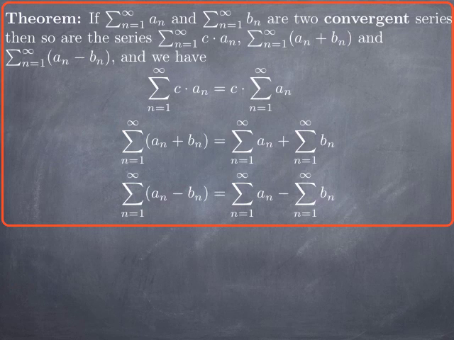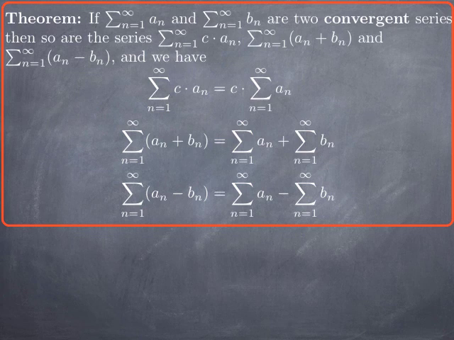Now, a natural result that is really just a rephrasing of what we have seen for sequences is a general result on operations on convergent series. So if we have the series of AN and the series of BN that are two convergent series, and here it's important that they are convergent, and we take C a constant, then when I build a new series by taking the sum from 1 to infinity of this constant C times AN, it's again a convergent series.